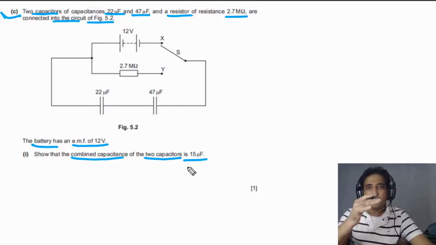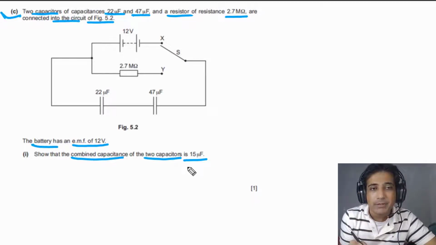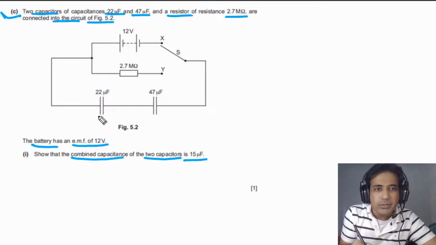Now, first of all, we need to understand, are these capacitors connected in series or are they connected in parallel? In this case, you can see these capacitors are connected end to end. So these two capacitors are connected in series. So first thing we can write down, these two capacitors are connected in series.